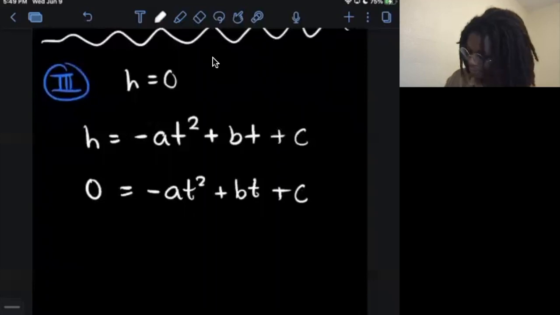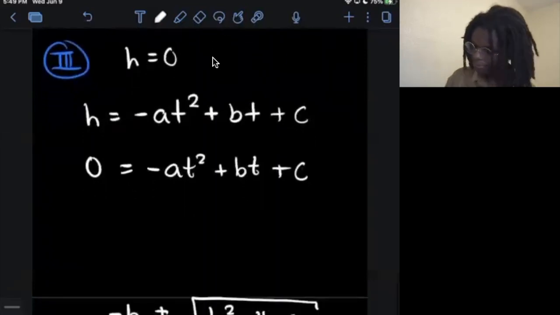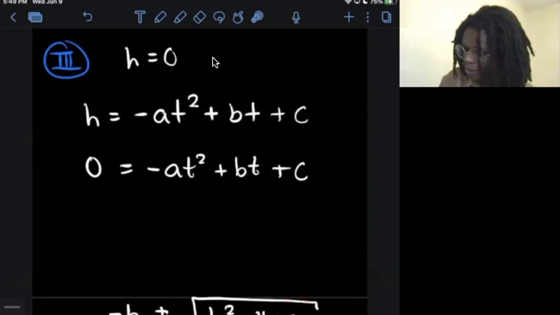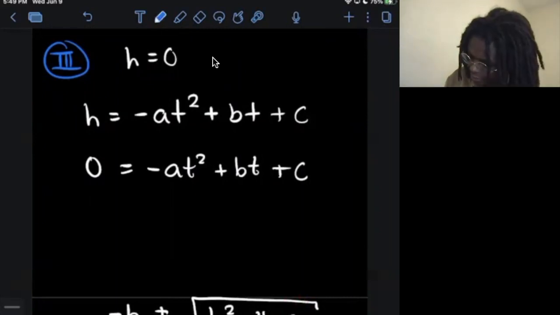Now these are the roots, and you see that there's a c in here, right there. So if we change c, we are changing the roots as well. Thus, we're changing the t-intercept. So I'm going to go ahead and put a check mark by 3 as well.